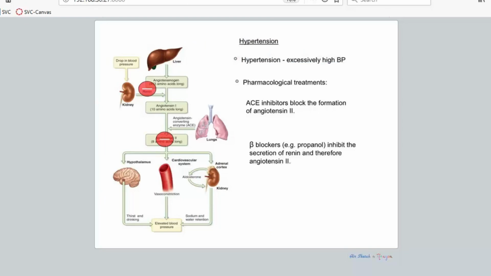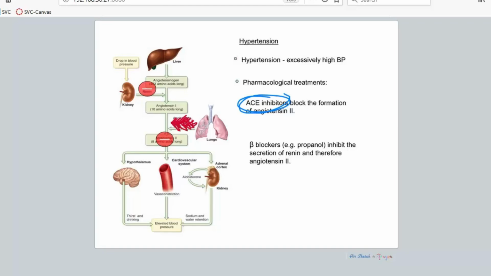And the answer to that is pretty much, since this axis is involved in elevating blood pressure, anything you do to prevent this axis from doing its thing is gonna lower blood pressure. And there's a couple specific target areas here. One of those are called ACE inhibitors. And what's an ACE inhibitor going to do?